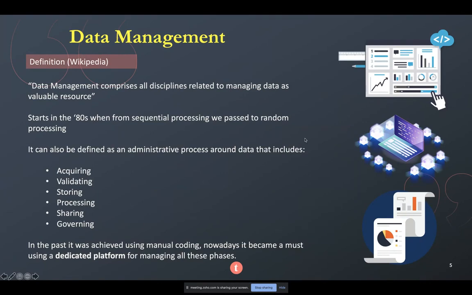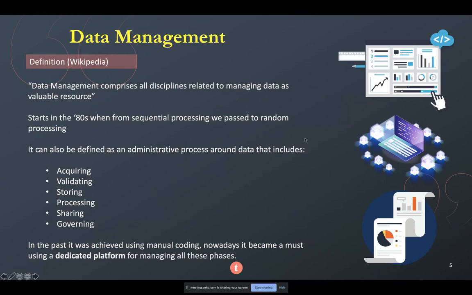Once the game was loaded, you were able to play. The game was stored in a sequential way, so if anything happened during this sequence, you had to roll back to the beginning and play the game again. But the technologies changed.